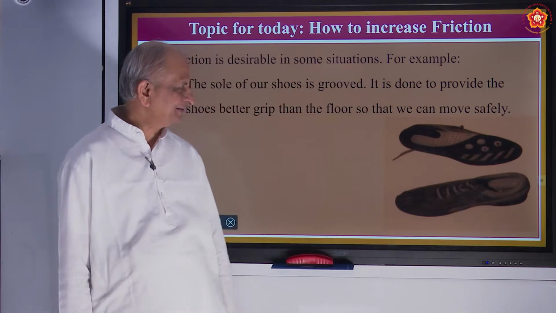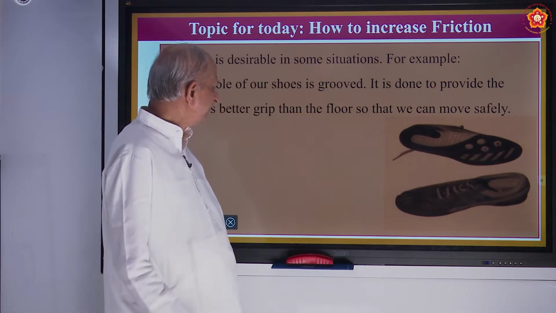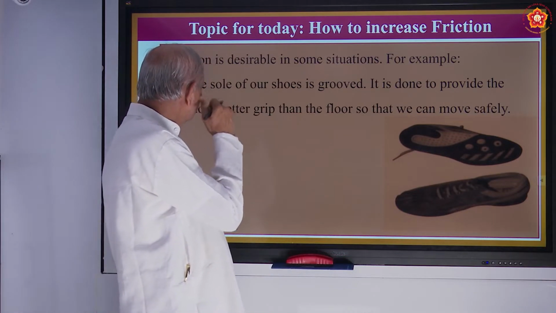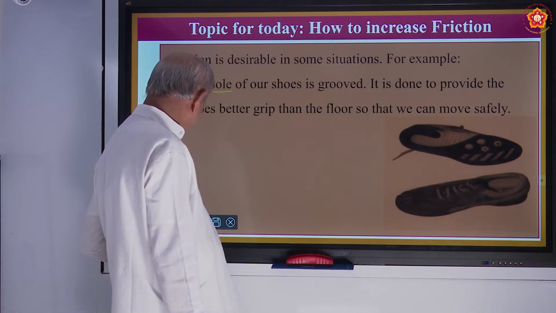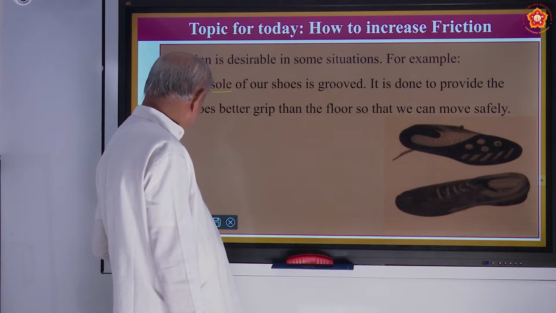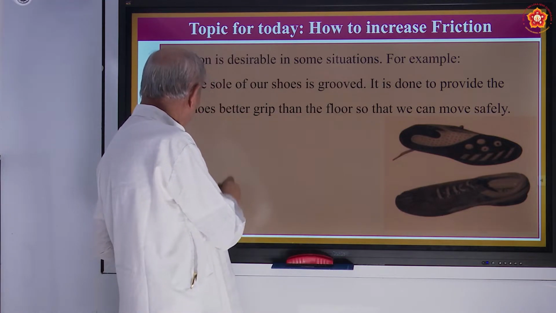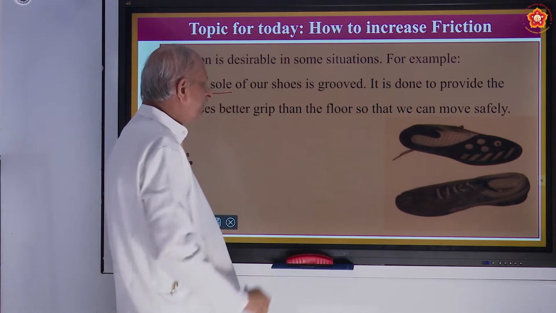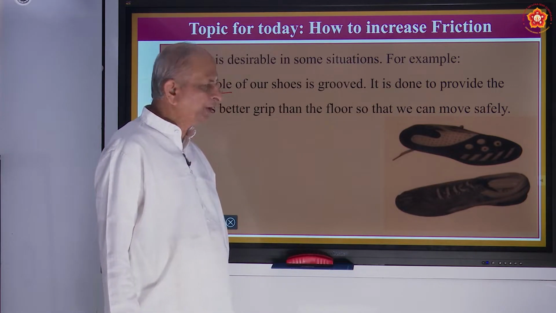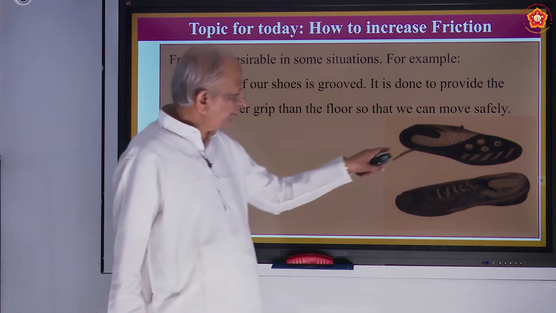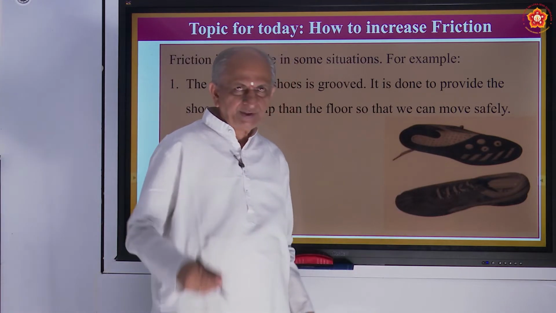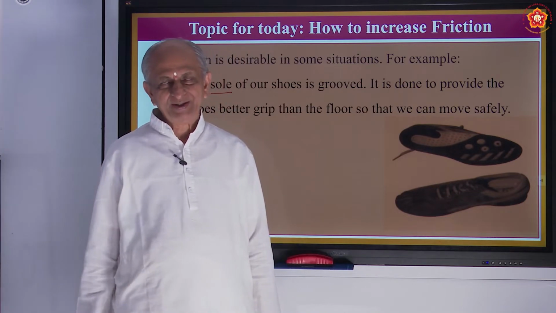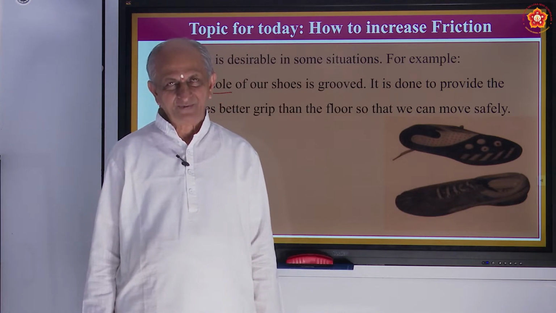And these shoes will have what is called a sole. There will be a sole in this. And the sole of the shoes is grooved. So you can see here, it is grooved to make it rough.